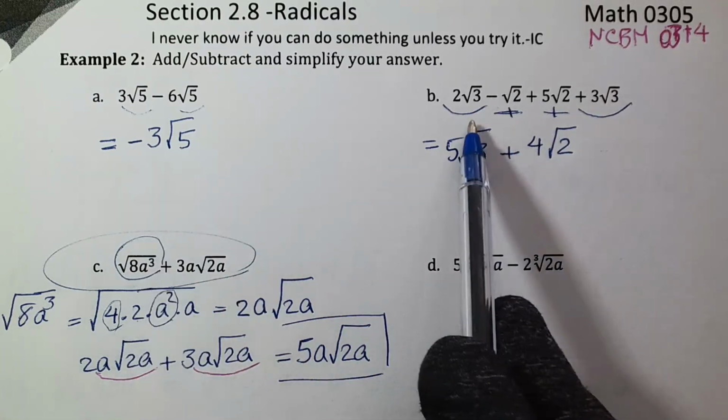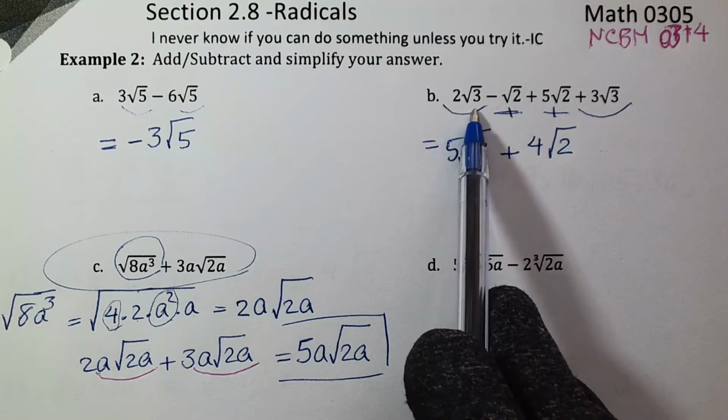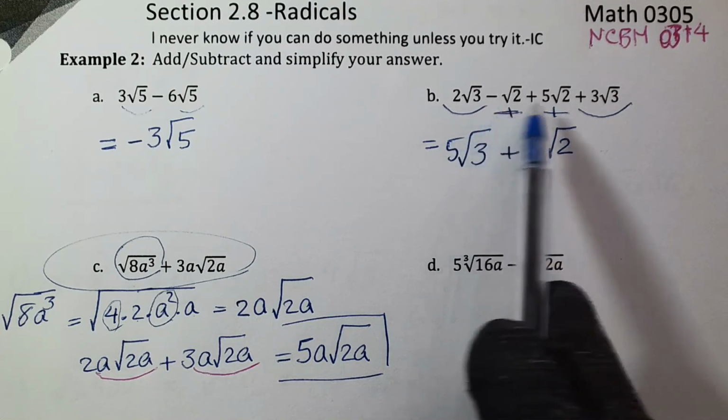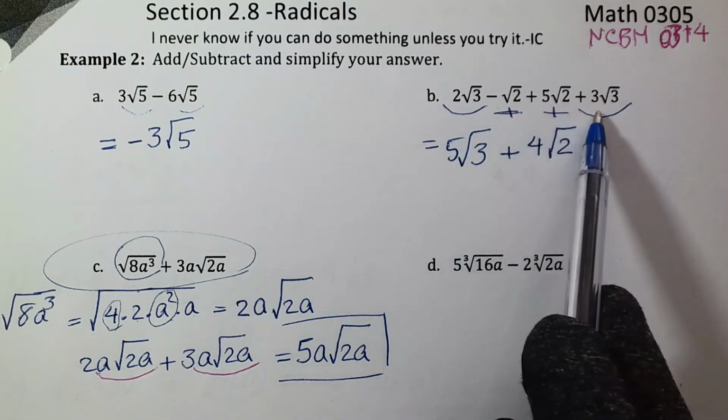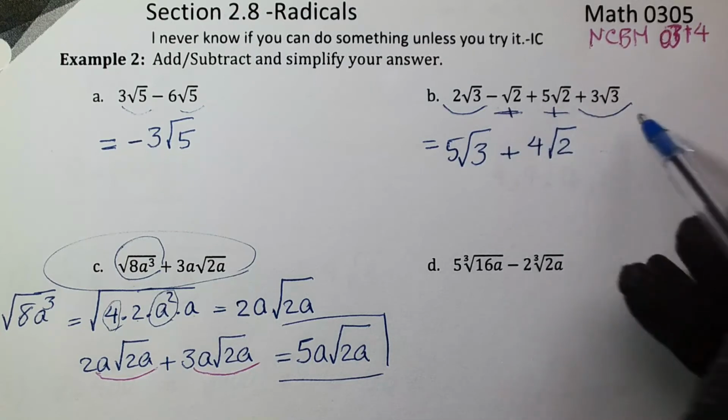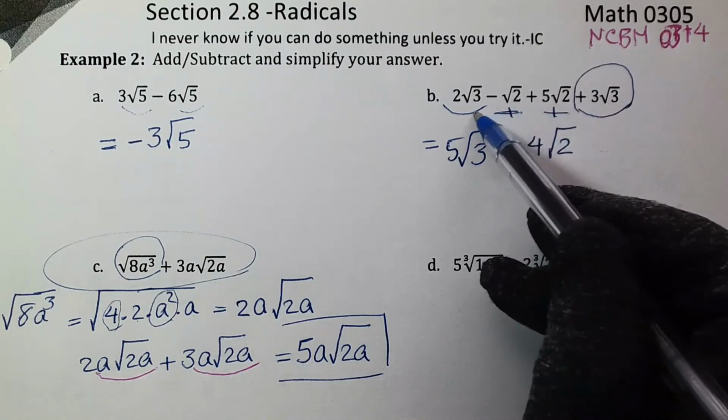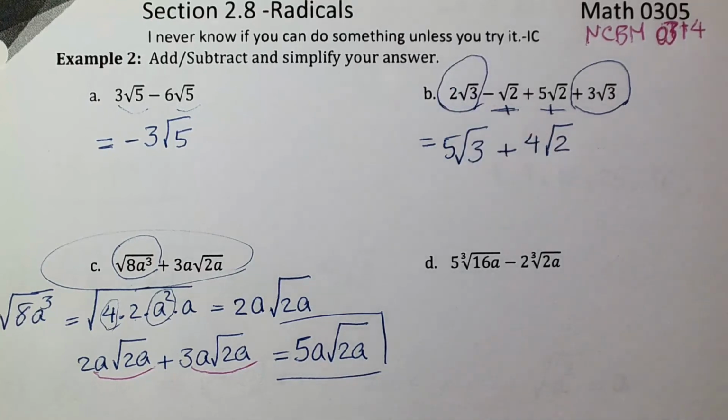Look at the second example. 2 square root of 3 minus square root of 2 plus 5 square root of 2 minus 3 square root of 3. Here these two terms, because both have a square root of 3, are similar terms.